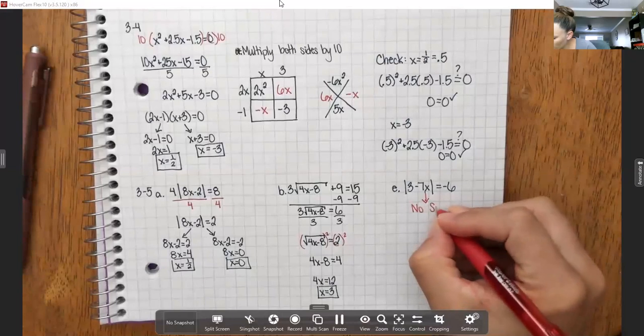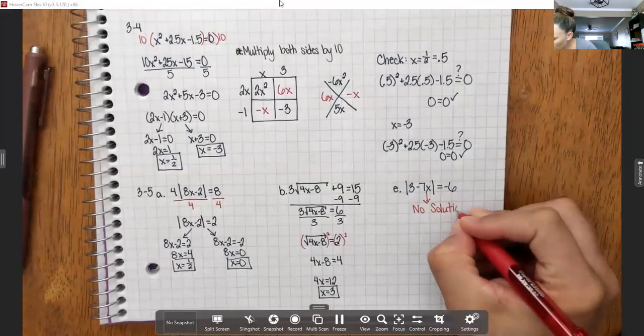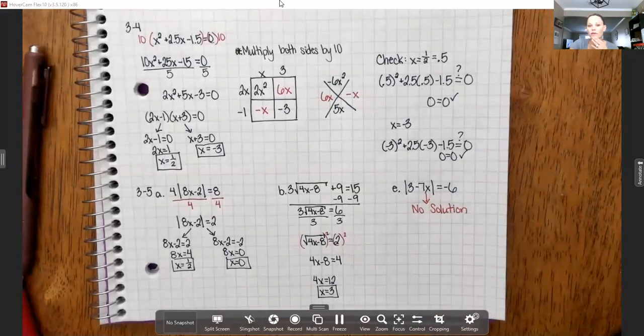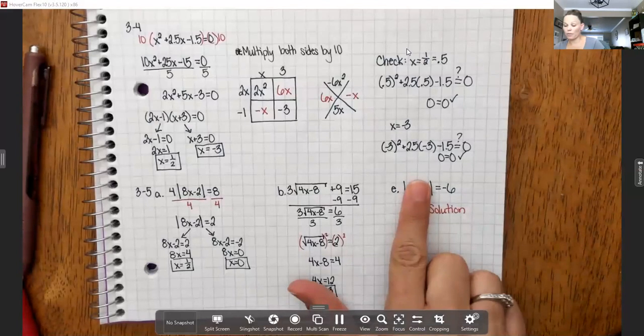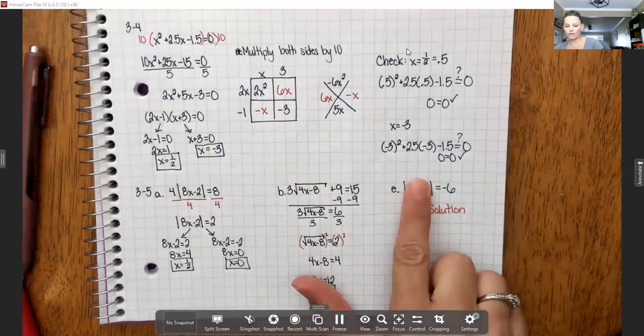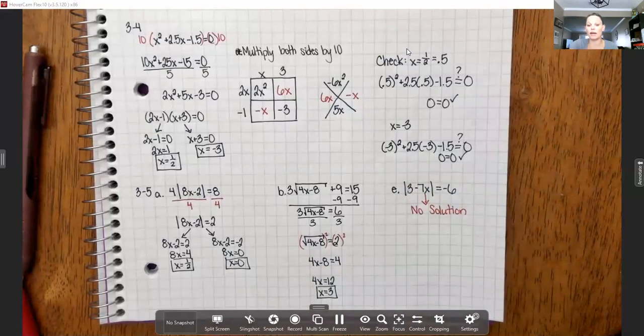This is no solution. Take a minute, look at it, and think about why it might be no solution. So we remember the absolute value turns whatever is inside those bars positive. So we can't have the absolute value equal to a negative number.